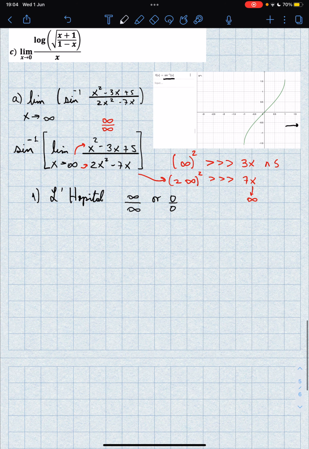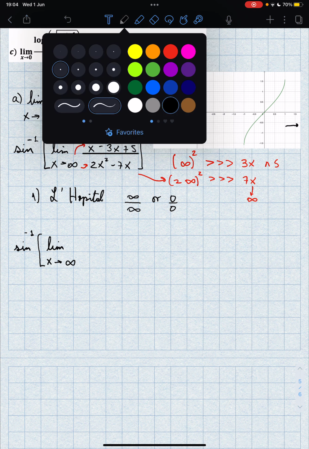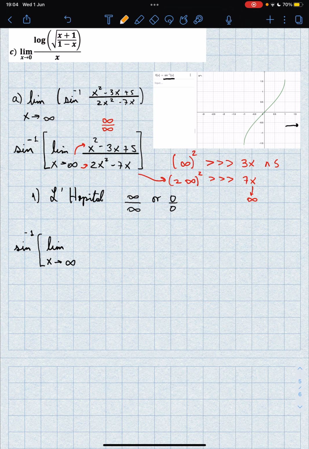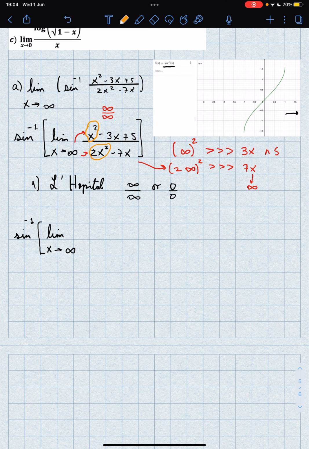You're going to have sine minus 1, right? And the limit when x goes to infinity of what? You're going to have to take always this one and this one. You need to take the biggest power of the x in the numerator and the denominator.